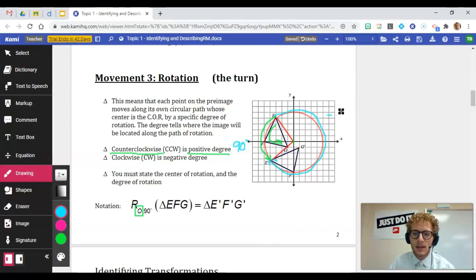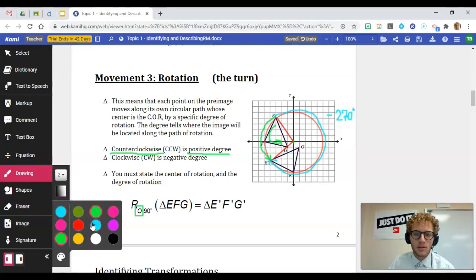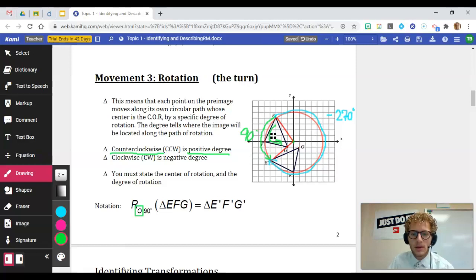So this would be negative 270 degrees. I can change the color on that one to be green to match. Okay, so that one's positive 90 degrees, and this one's negative 270.